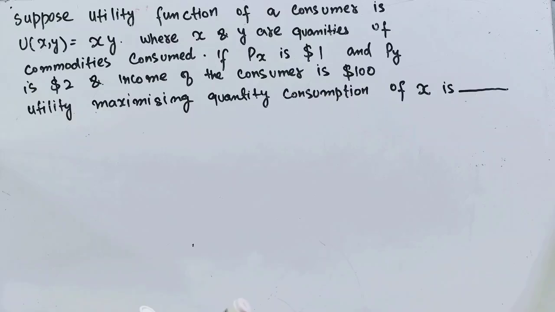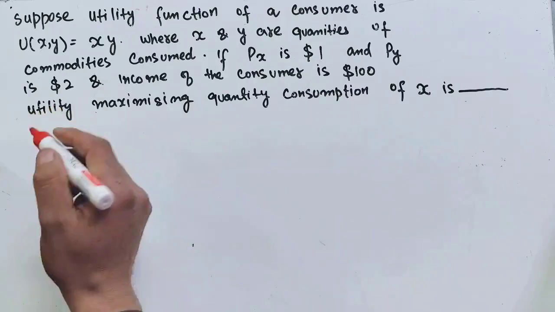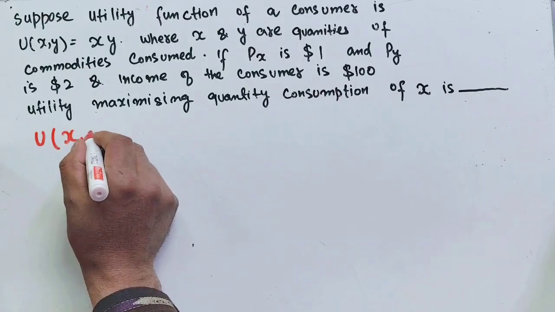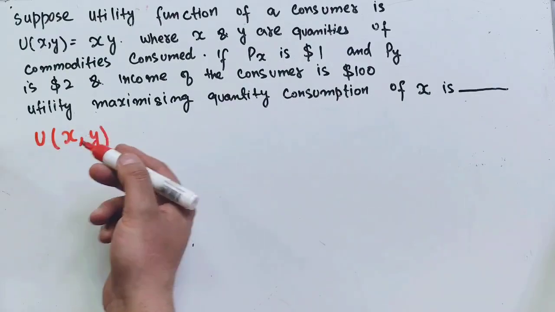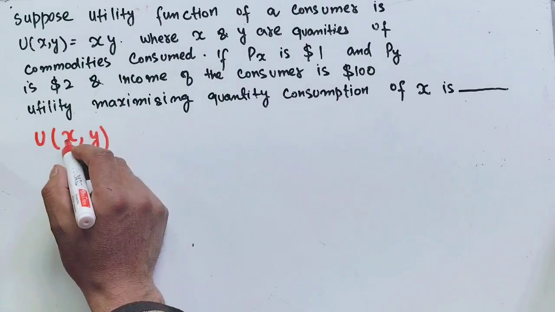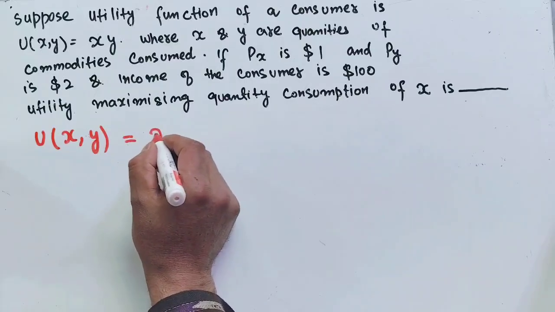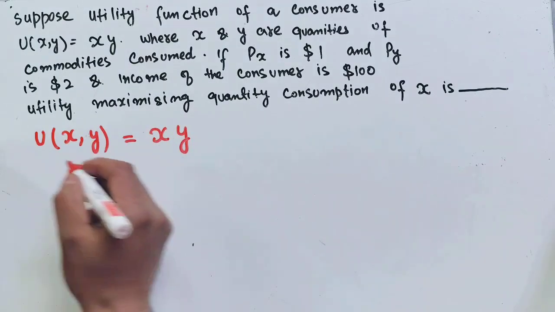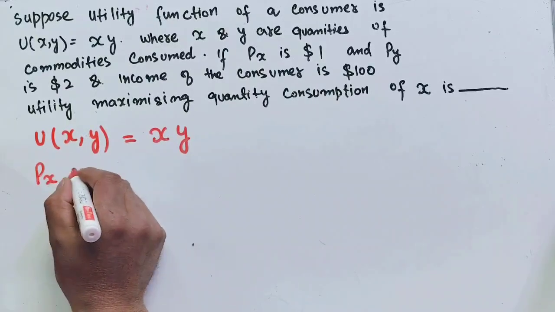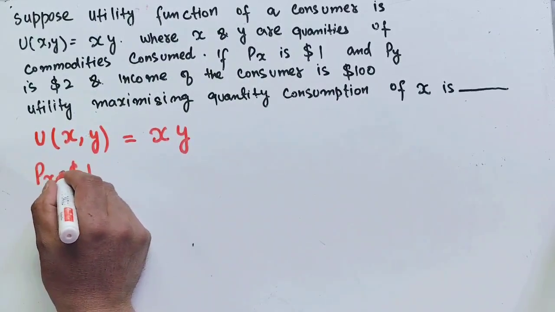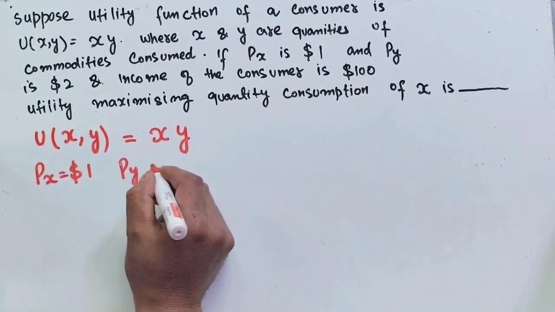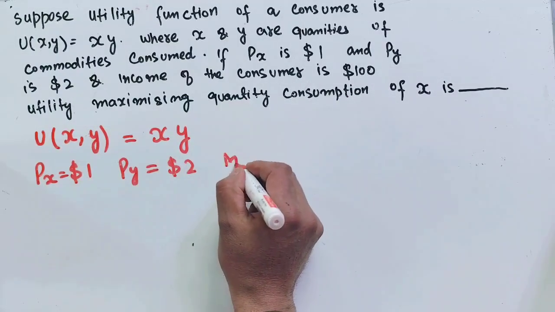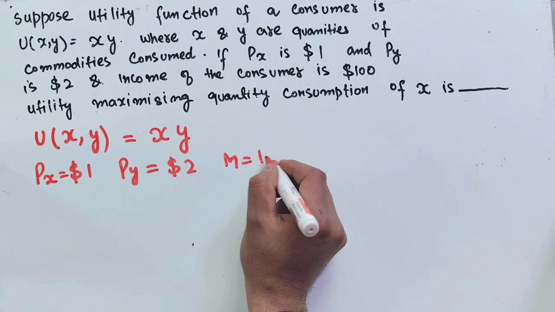Okay, so what we are being given here is the utility function, that is, utility is a function of two goods x and y, which is related with the function x times y. The price of good x is $1, the price of good y is $2, and the income of the consumer is $100.